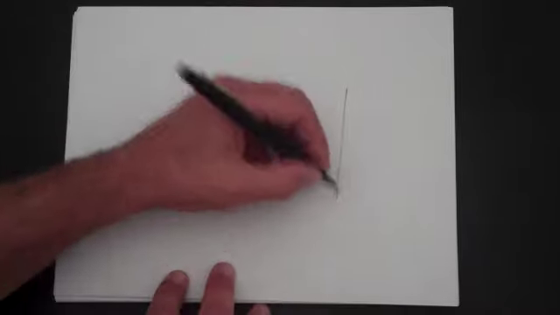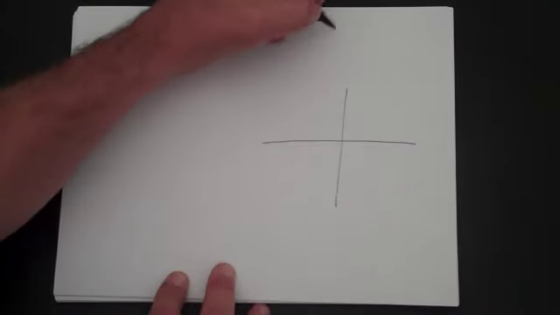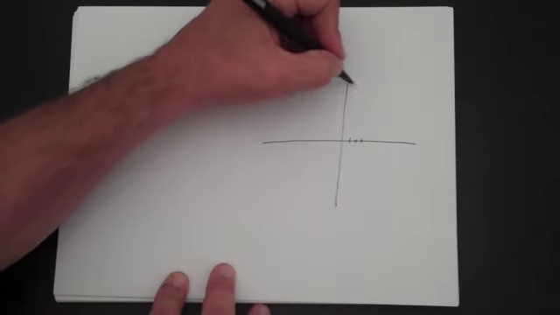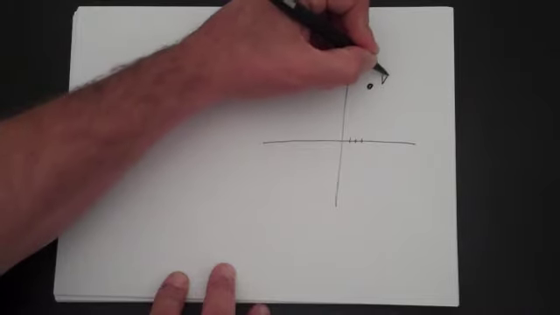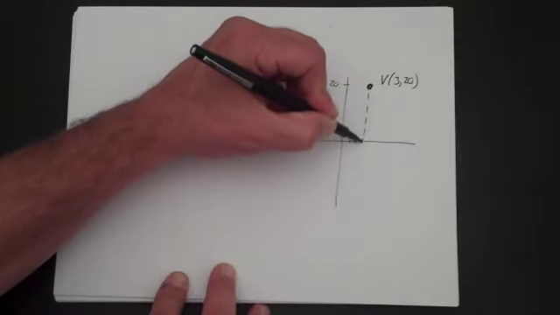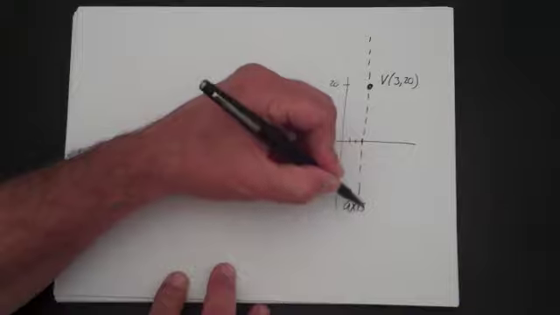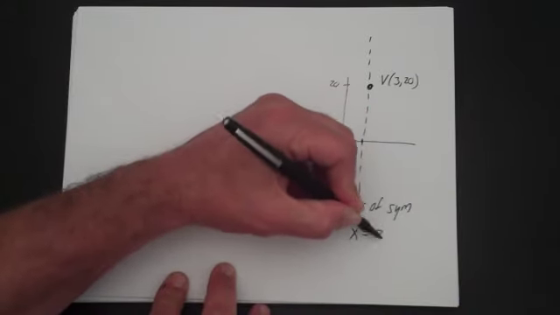At that point, you could even start to graph it. I'm just going to graph it without graph paper, just to see what it looks like. The vertex is 3, 20, which is going to be way up here. That's the vertex, and you have a vertical line, which is the axis of symmetry, x equals 3.